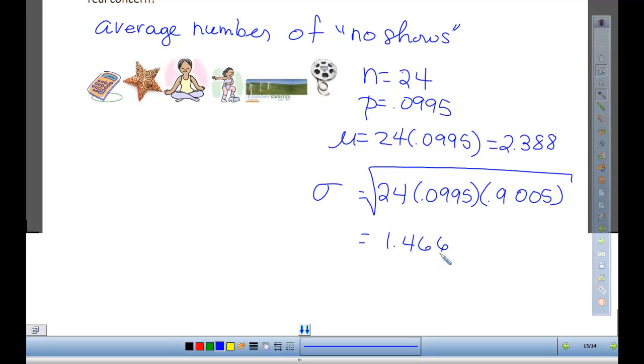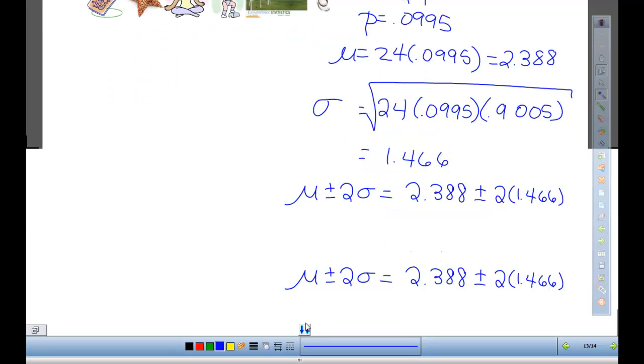And again, just quickly, if we wanted to use that range rule of thumb, we would look at the mean plus or minus 2 standard deviations, or 2.388 plus or minus 2 times 1.466, and we get what?